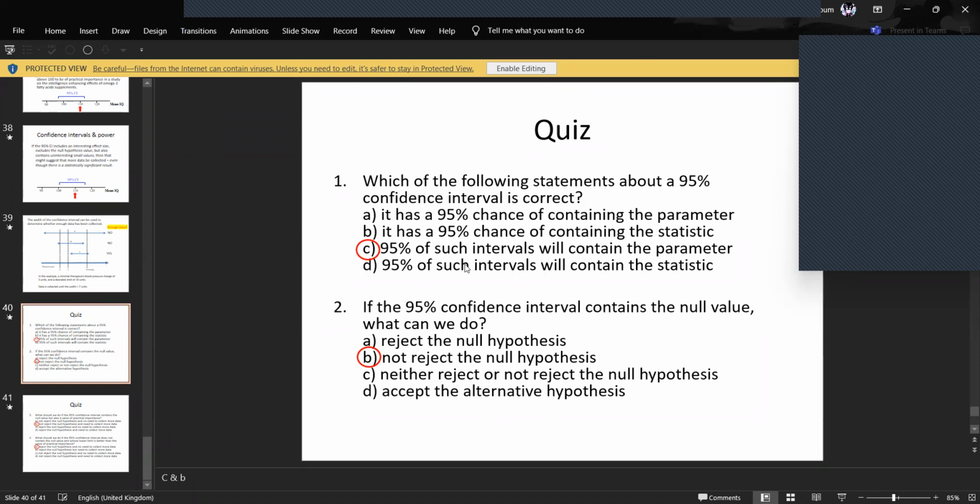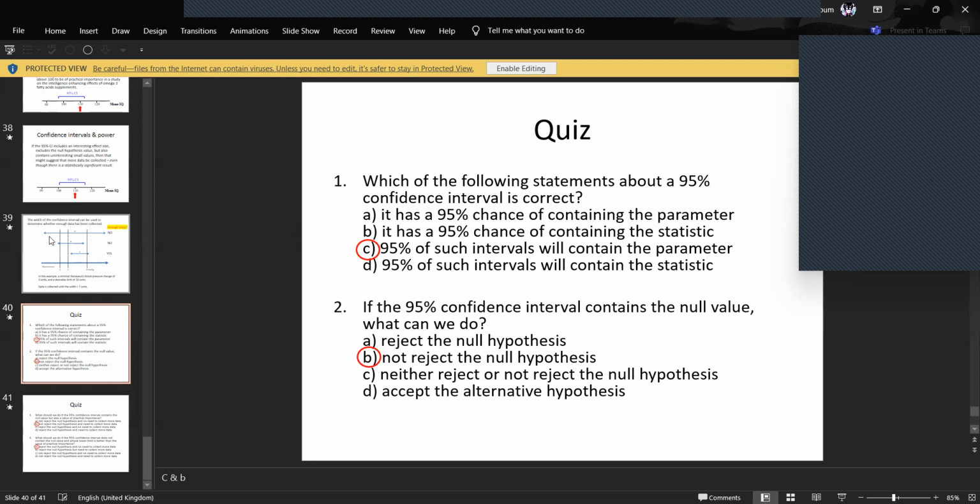Now, if the 95% confidence interval does contain the null value, what can we do? Then we can say for certain that it's not statistically significant, that the p-value is above 5%. And so we're not going to reject the null hypothesis, we're going to accept the null hypothesis.